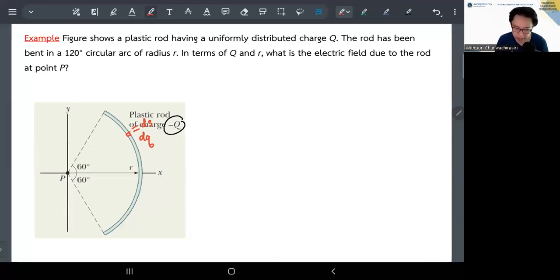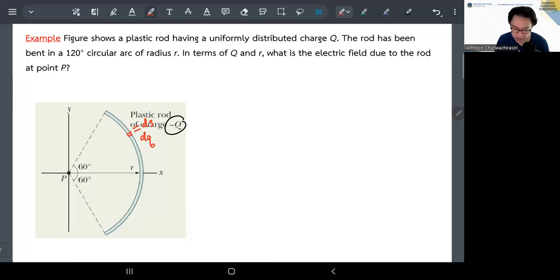Now what you have to do is analyze this dq, which is simple because you can figure out the electric field due to that tiny amount of charge. Because this charge is negative, the electric field points towards it. With me? Because it's a field coming from a tiny charge, you can call this dE.